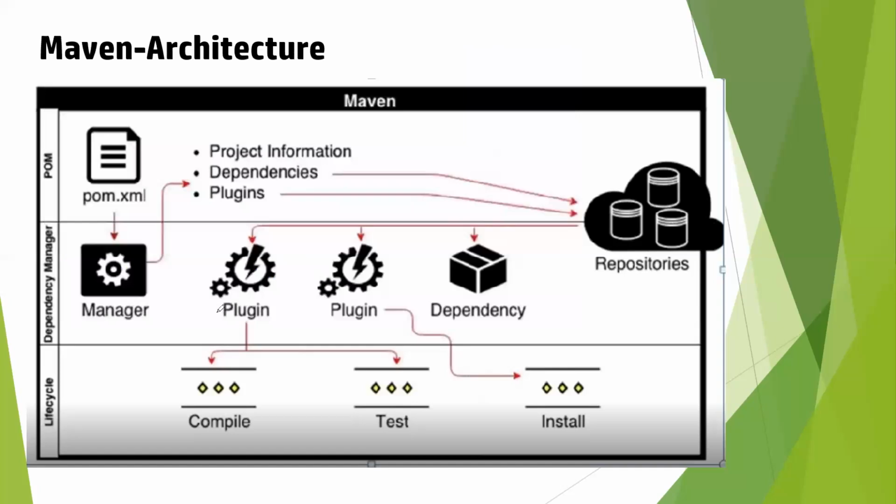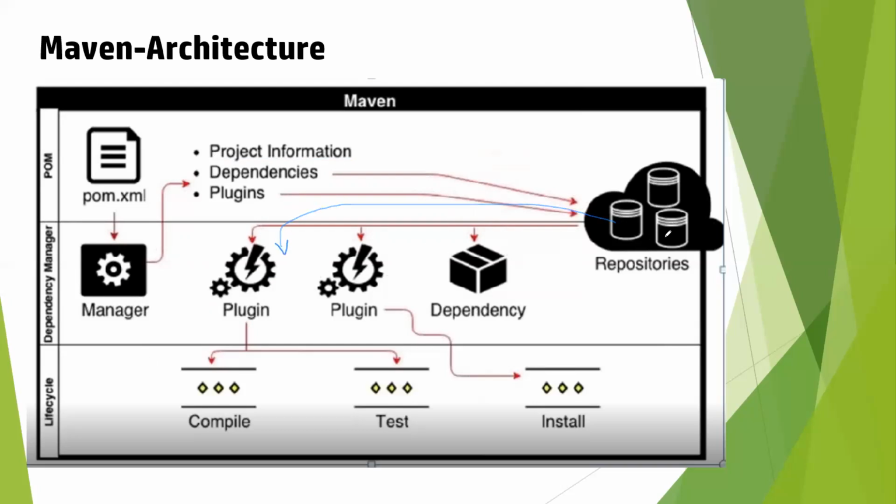This lifecycle manager will also understand the dependencies based on the command we passed. If there are any dependencies along with the project information required, it will pass everything to the remote repository. It will check here all the dependencies and plugins, whatever is required for the command we are passing. It will get downloaded here.